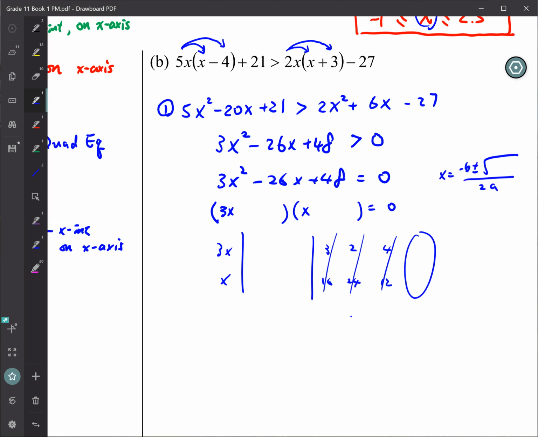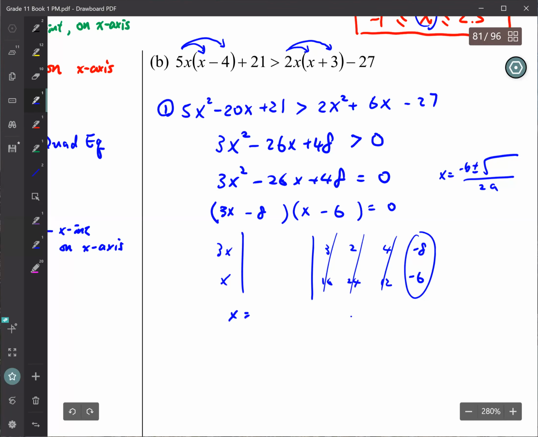Okay, Ivy, what are the two brackets? -8 and -6. Okay, so the pairs that should work will be -8 and -6. You can try it out. -18 and then -8 will give you -26.